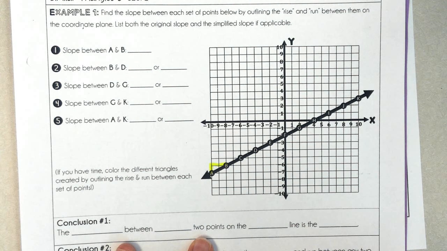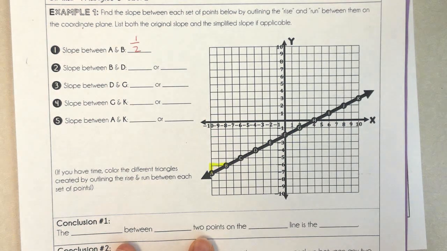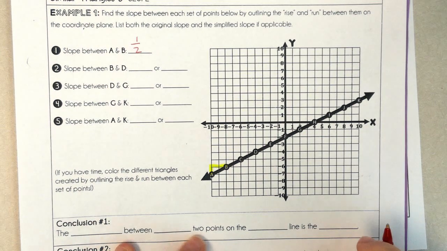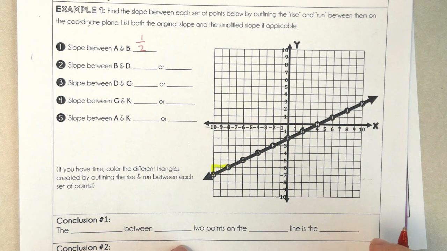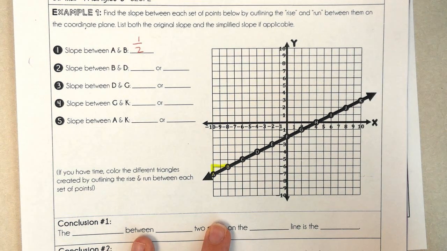What was my rise, Sullivan? 1. What was my run, Caden? So our slope is 1 over 2, rise over run. Now, I am going to alternate between colors just because I think it's easier to see where the triangles start and stop then. You can do whatever you would like. B and D here.